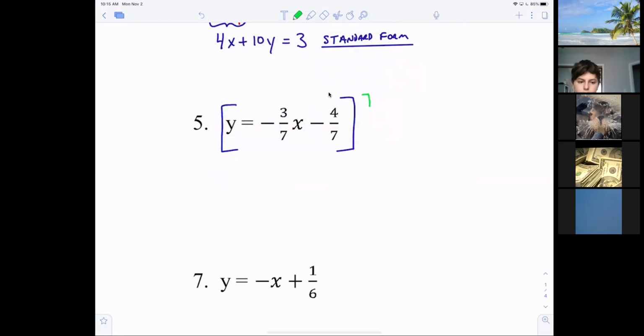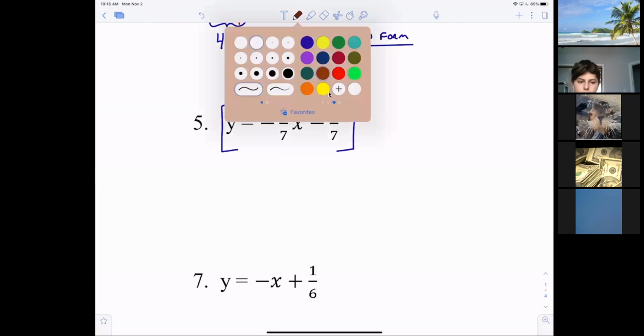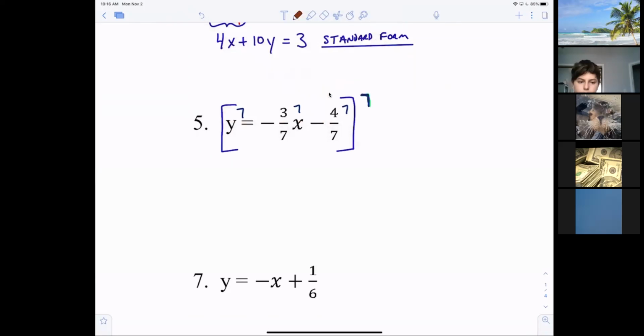I'm going to multiply through by 7. So I put a 7 here, 7 here, 7 here. Then they get 7y equals negative 3x minus 4. Wow.